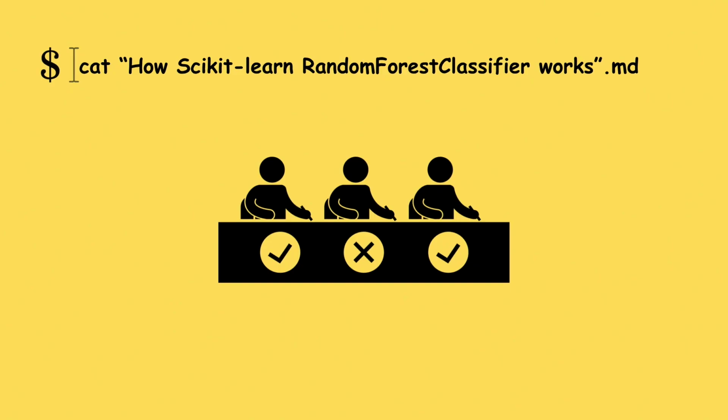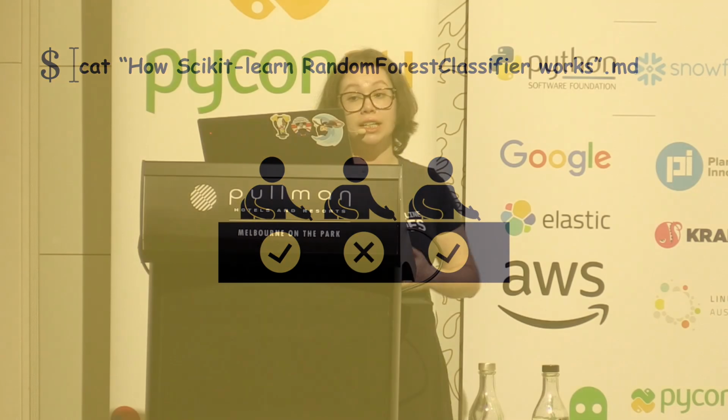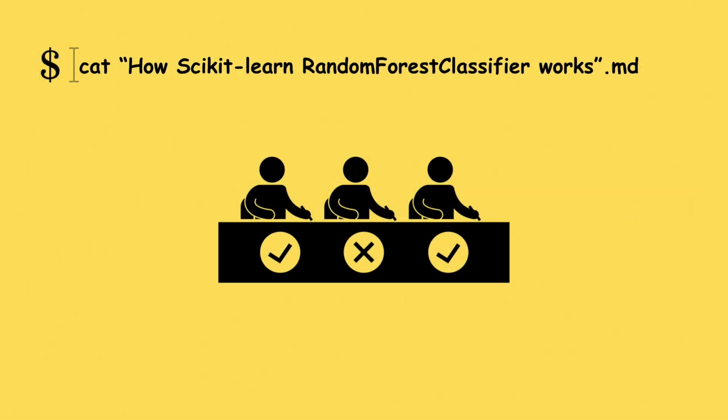Scikit-learn random forest classifier is a supervised machine learning algorithm, which means it learns from historical examples where we already know the correct outcomes. In the self-healing system case, this means training on thousands of past UI healing events that are labeled as either success or failure.